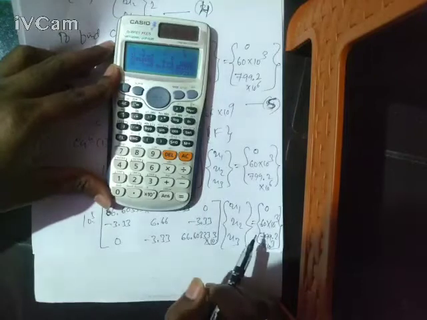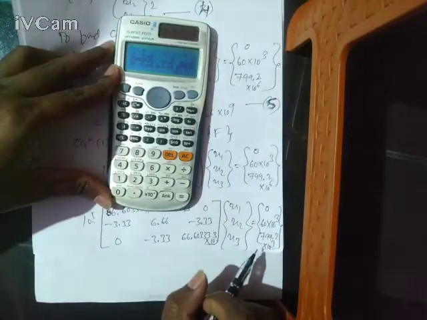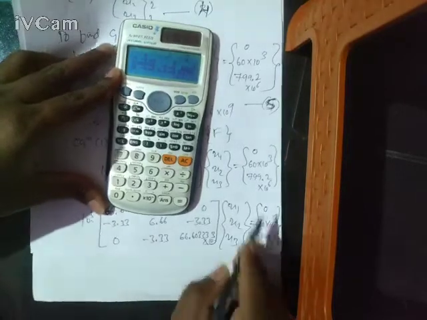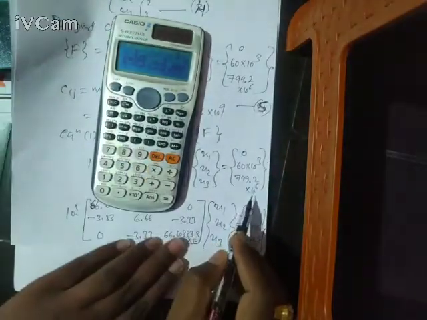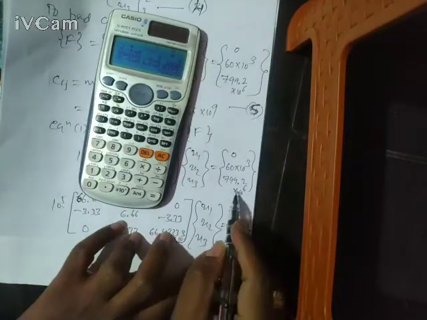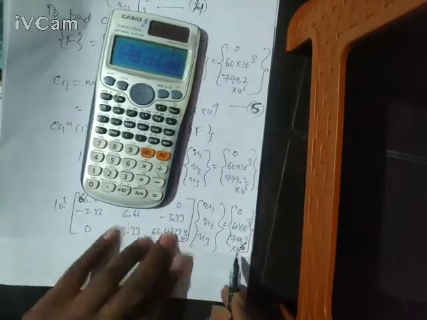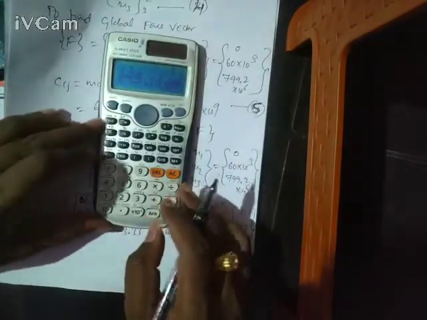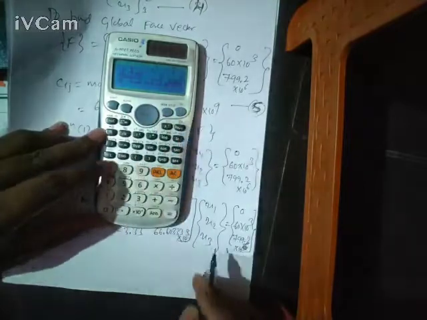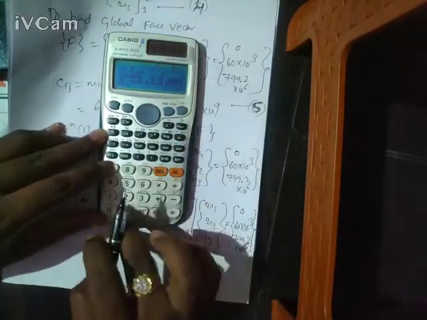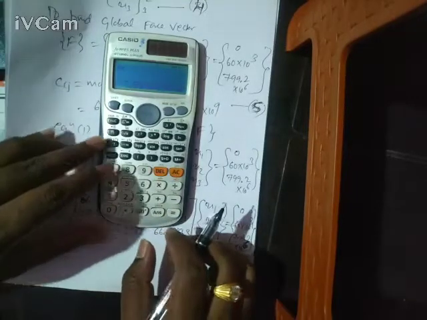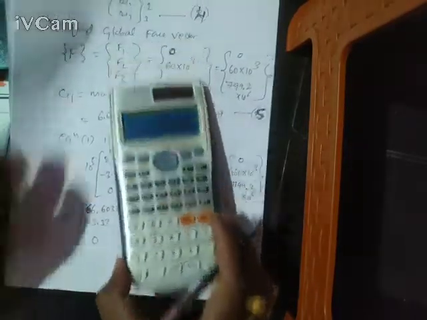Next, what is D2? Sorry friends, here this is 10 to the power 6, I have made a mistake here. So this is 10 to the power 6, fine. So see here, 799.2 into 10 to the power 6, okay. Now once again I am going to enter the D3 value, 799.2 into 10 to the power 6, okay.